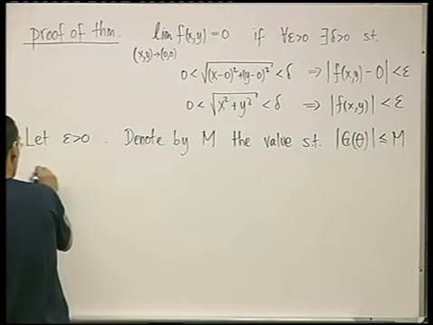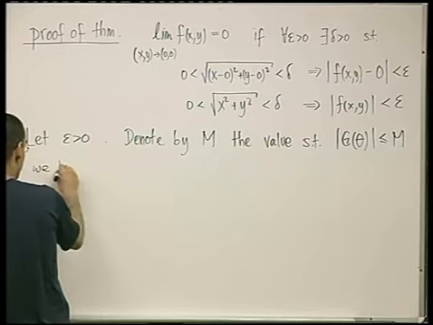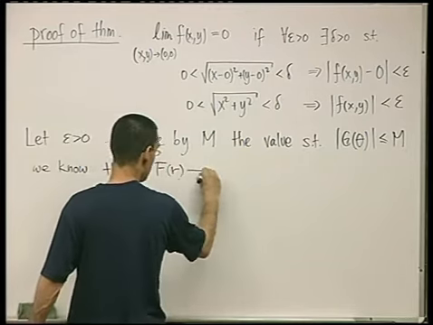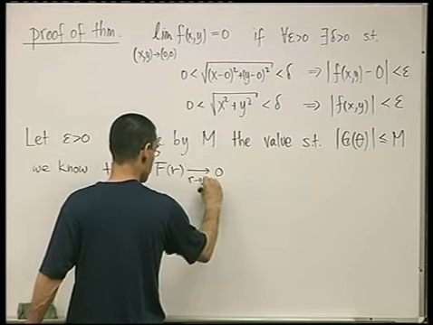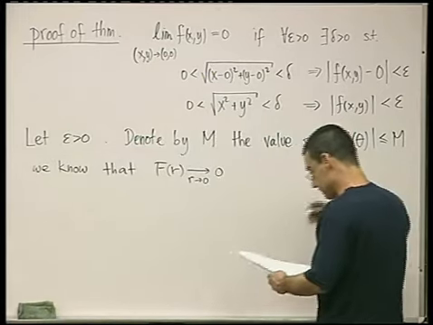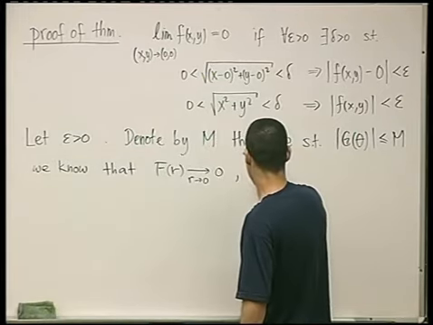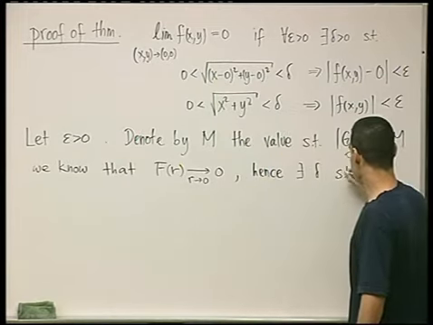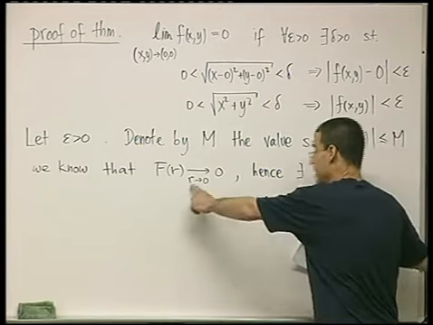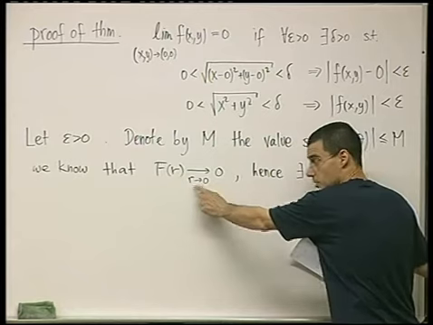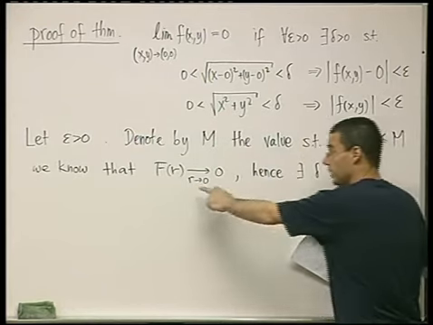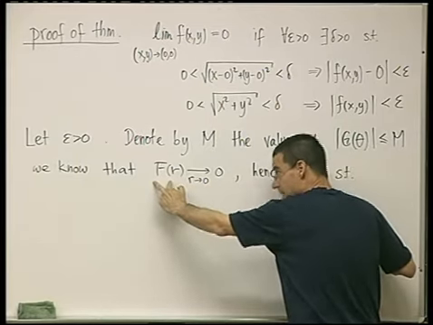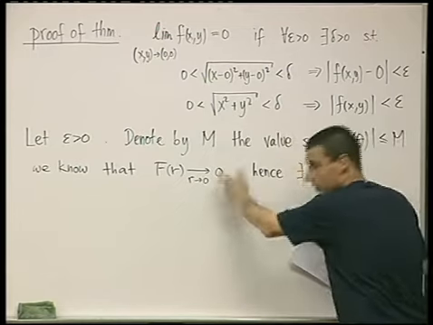And further, we know that f(r) goes to 0 as r goes to 0. Hence, there exists a delta such that if r is delta close to 0, this is a single variable limit, then f(r) is epsilon close to L, to 0 also.